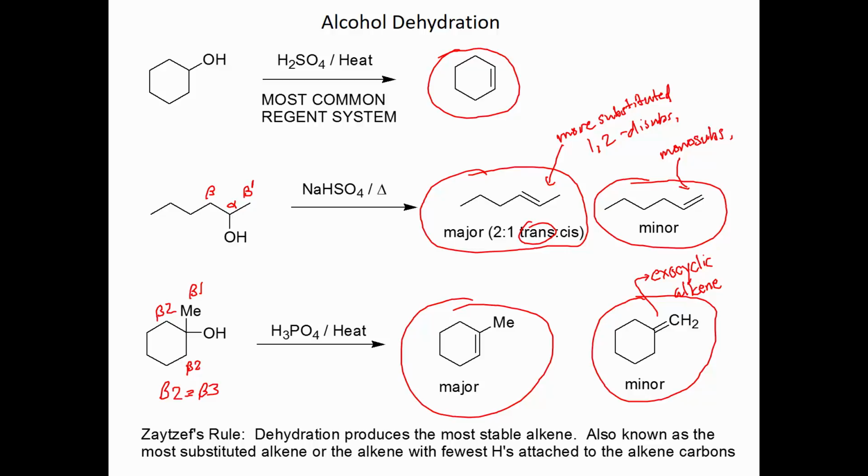In this third example, the same thing is emerging. This alkene here is tri-substituted, and this alkene here is disubstituted. Okay, so in every case here where we have multiple alkenes that could form, we form the more substituted one. This is called Zaitsev's rule. And Zaitsev's rule basically says that dehydration is going to produce the most stable alkene.